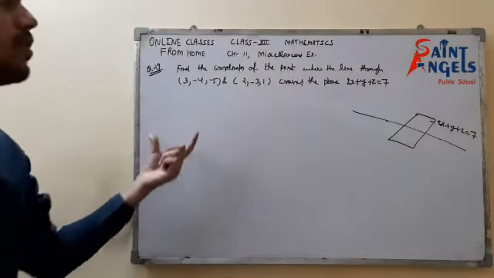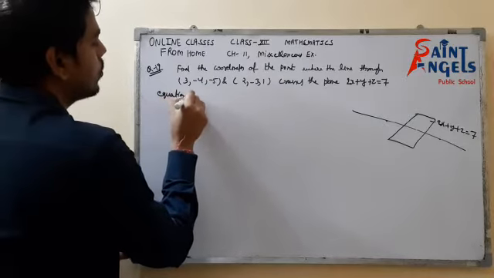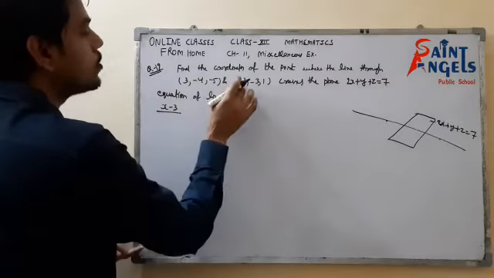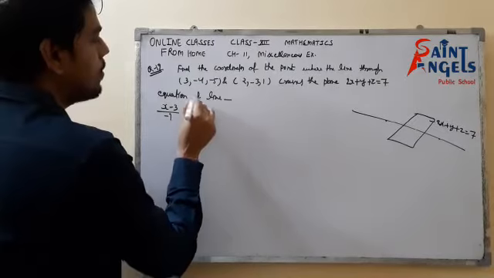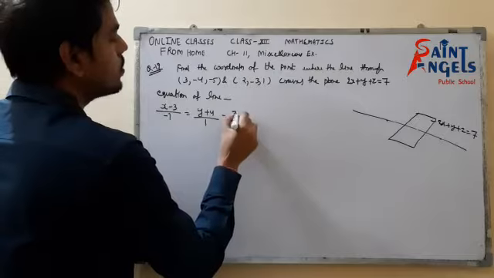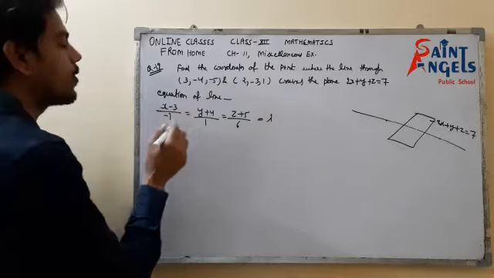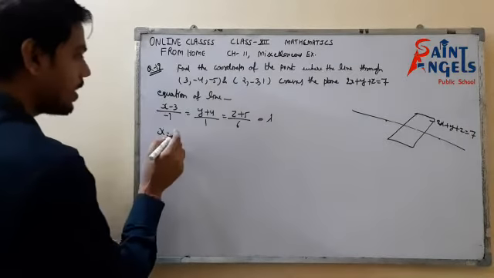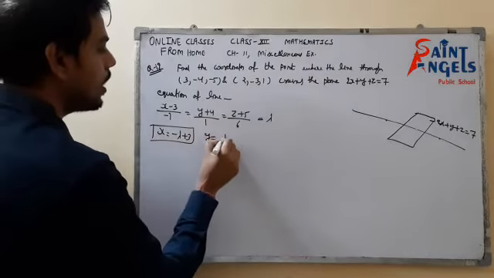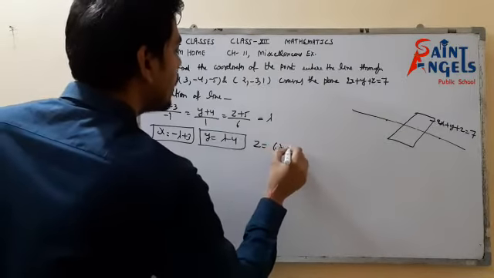First of all, the equation of line through 2 points would be x minus 3 upon 2 minus 3, minus 1, y minus minus 4, plus 4 upon minus 3 plus 4, 1, equals to z plus 5 upon 1 plus 5, 6, say equals to lambda. From here x would be, I am doing directly, minus lambda plus 3, y would be lambda minus 4, and z would be 6 lambda minus 5.